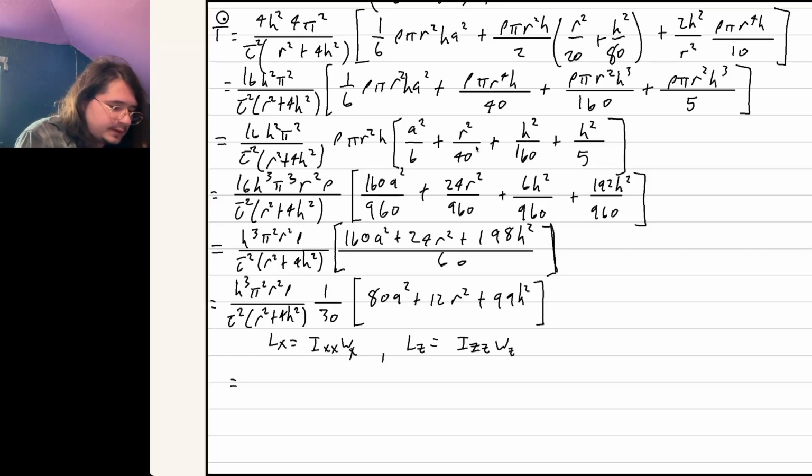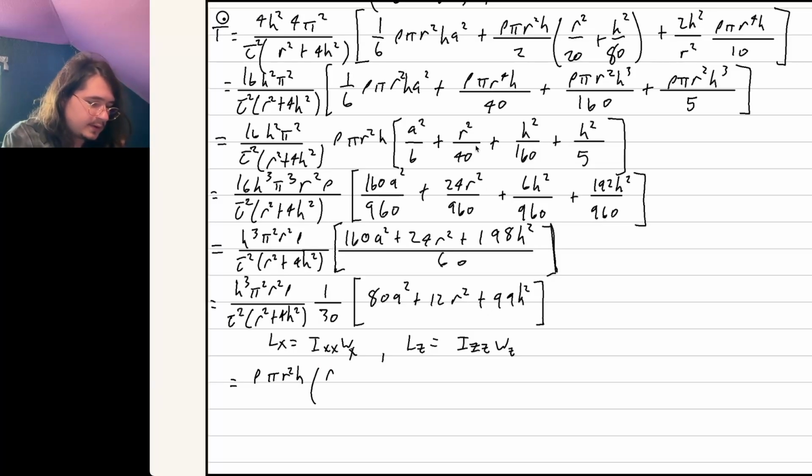For omega x, it was sine alpha. So it's actually just the principal moment of inertia, h r squared over 20 plus h squared over 80 times 2 pi over tau times cosine alpha.